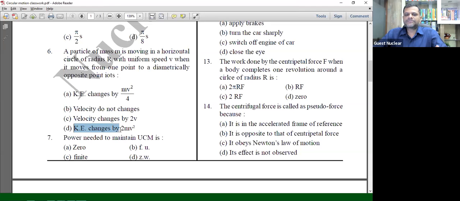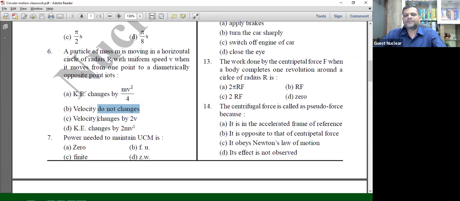Even kinetic energy changes by 2mv square, this option is also wrong. And we know already that the velocity changes certainly. We definitely know that velocity changes, so this option B is also wrong, because there they said velocity doesn't change, whereas we know that velocity changes.